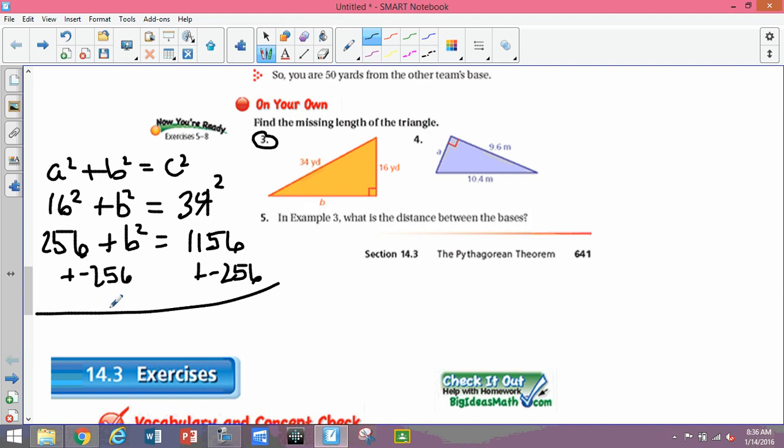The 256 plus negative 256 equals 0, so you're left with b squared equals 1,156 minus 256, which is 900. But you're still not done, because again, you have b squared and I want b. So you have to take the square root of b squared and the square root of 900. You end up with b equals 30 yards.